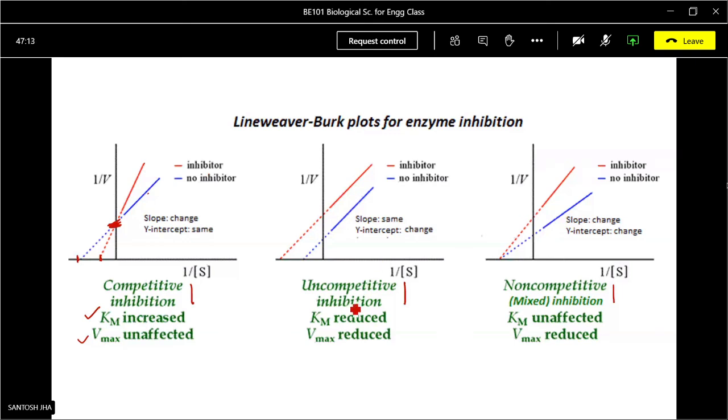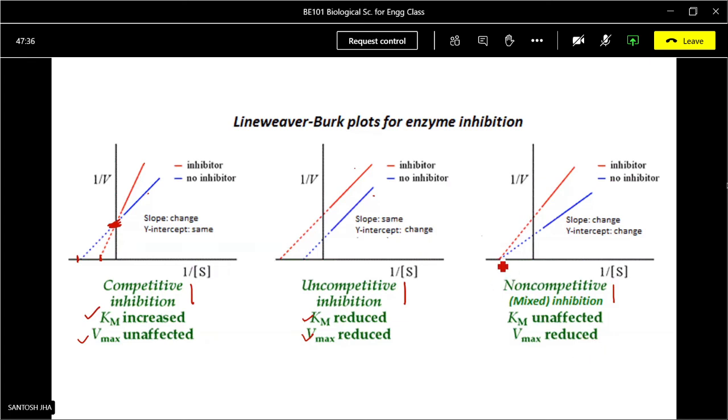While in uncompetitive inhibition, Km value reduces and Vmax value also gets reduced. So it has a parallel graph. This plot indicates the absence of inhibitor, while this is in the presence of inhibitor. And in non-competitive inhibition, Km value remains unaffected and Vmax value is reduced.